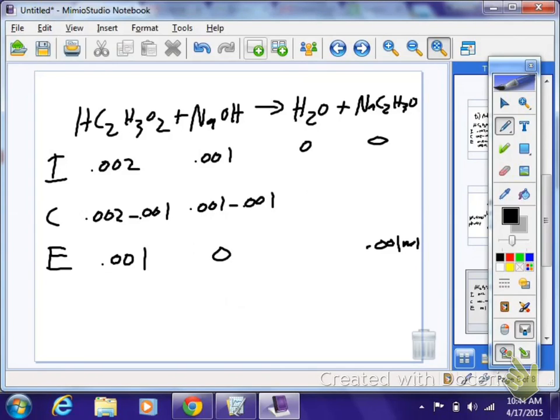So here's what we have. We have H plus. Then if we divide that by the total volume, 15, we'd have 0.067 molarity. And this would be 0.067 molarity. And they cancel out, right?